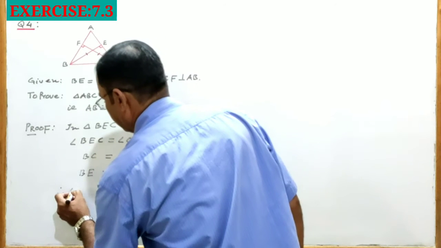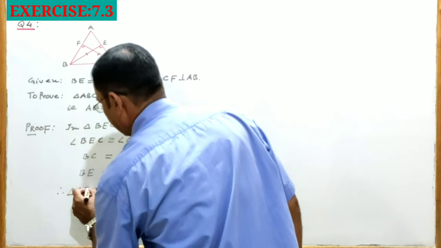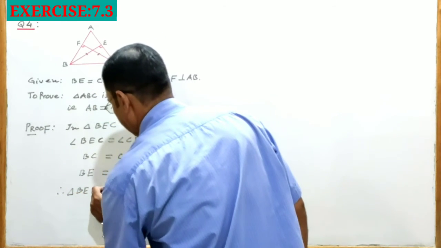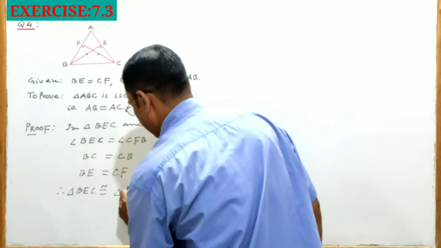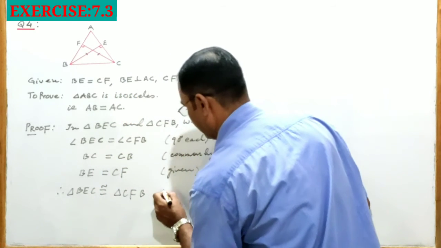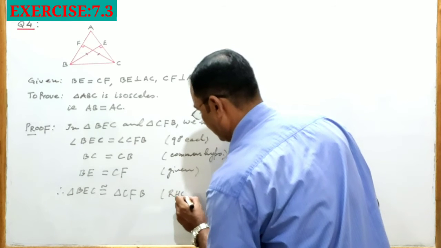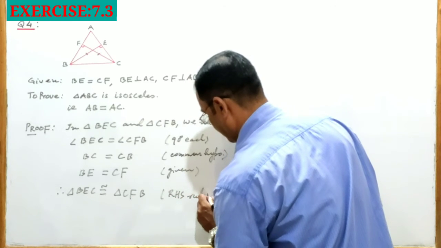Therefore, triangle BEC is congruent to triangle CFB by RHS congruence rule.